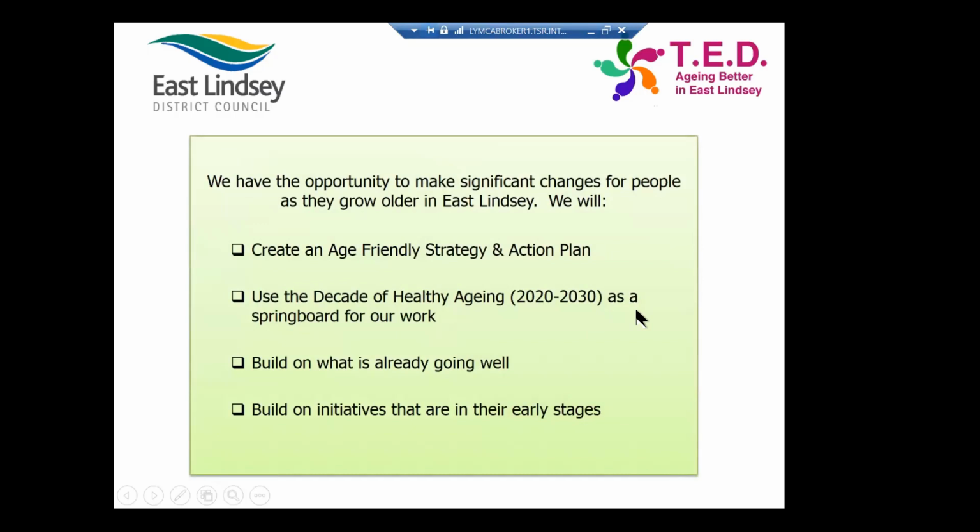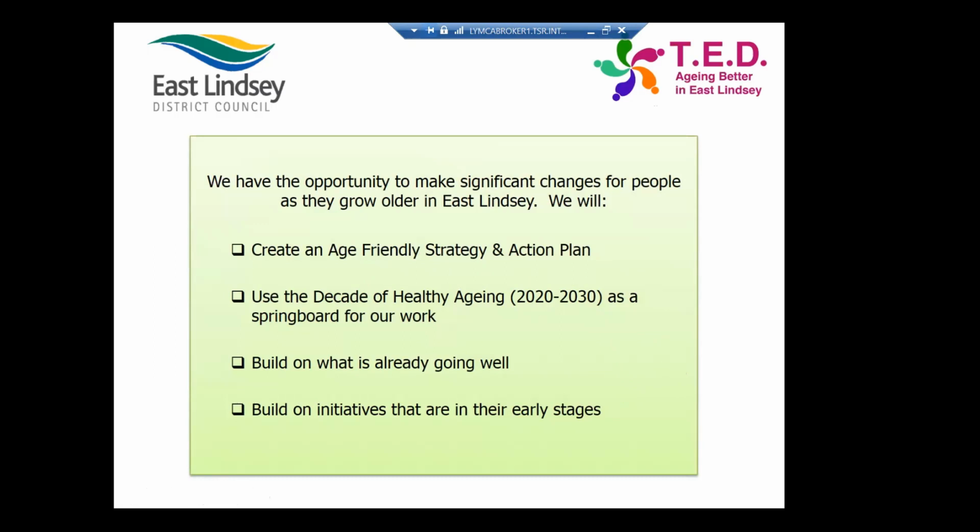So the opportunities we have are to create an age-friendly strategy and action plan, use the Decade of Healthy Ageing as a springboard, build on what's already going well, and build on initiatives that are in their early stages. So if I just go through some of the ideas that we've got in the baseline of how that might work.